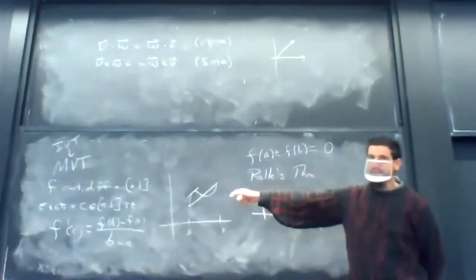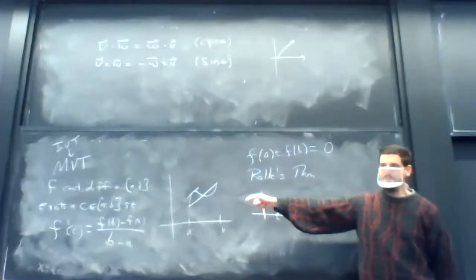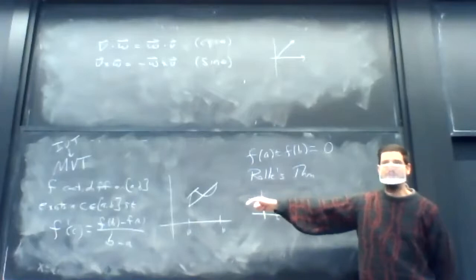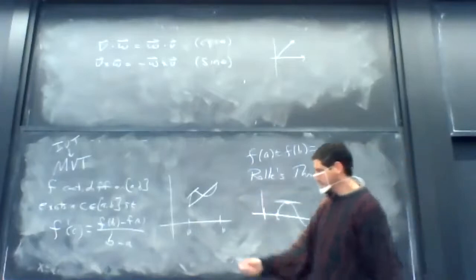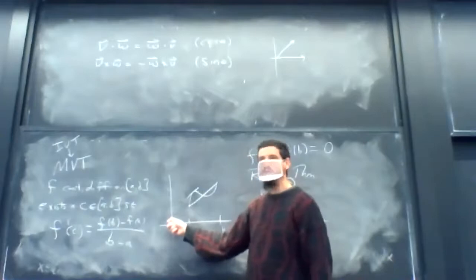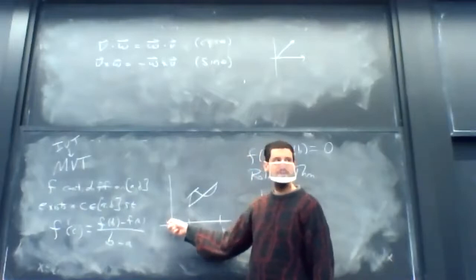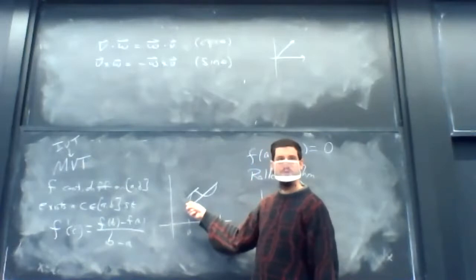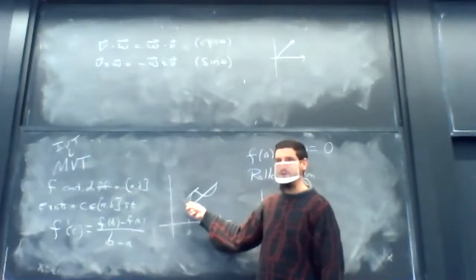If you look at the mean value theorem, I've been screaming bloody murder for about a week now about choosing the right coordinate system. Rather than having the origin here, where should I move the origin? Wouldn't this be a nice place to put the origin? Where should I orient the x-axis?